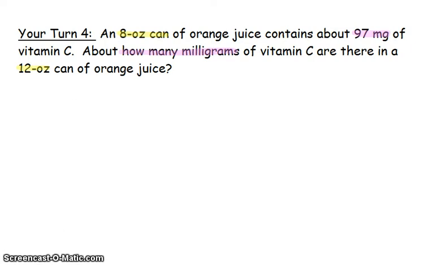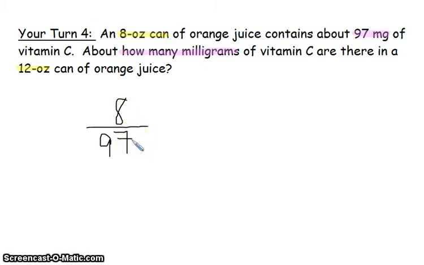So we've got our units that we're comparing here. Let's go with the one that we know both units for, and that's from our first sentence. 8 ounces in this can will contain approximately 97 milligrams. So 8 over 97, that's our first ratio, ounces to milligrams.